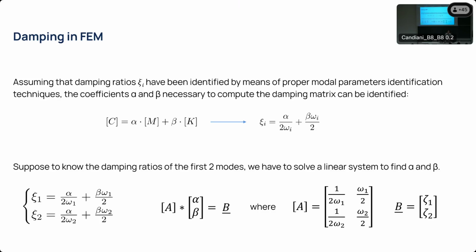We use all the modal identification techniques that you learn in the first part of the modal characterization laboratories. We find all the modal damping ratios of your structure. You try to make a FEM model of your structure, and you want to use the Rayleigh hypothesis. So we have all the modal damping ratios, and then we try to minimize the parameters alpha and beta so that they create a reasonable, good enough approximation of the damping of your real structure.